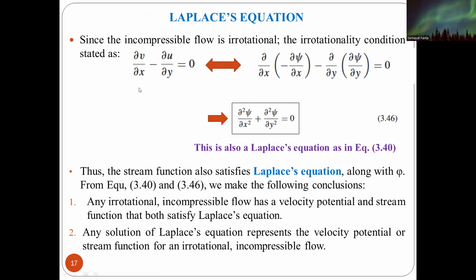The incompressible flow is also irrotational, and the irrotational condition is stated as dv dx minus du dy equals 0. We can substitute the values of v and u: v is minus d psi dx, and u is plus d psi dy. The final result is d squared psi over dx squared plus d squared psi over dy squared equals 0, which is another form of the Laplace equation in terms of the stream function.